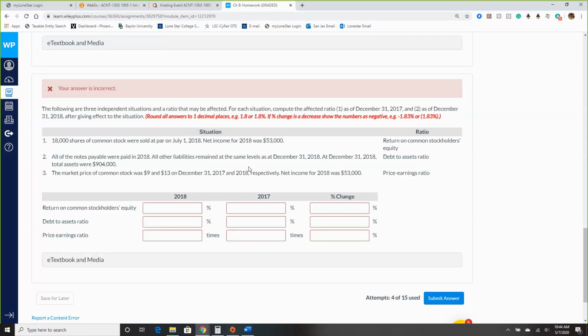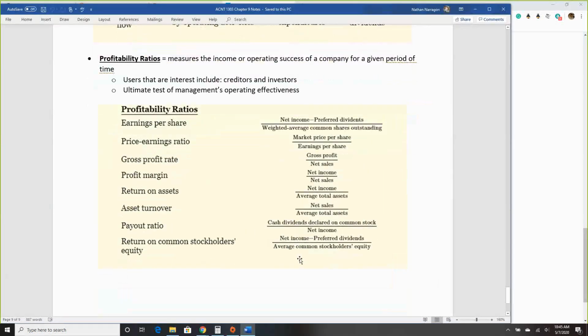First off, we have return on common stockholders' equity. They're giving us 2018 changes. So we need to figure out our 2017. So again, return on common stockholders' equity is net income divided by average common stockholders' equity. What's going to happen?